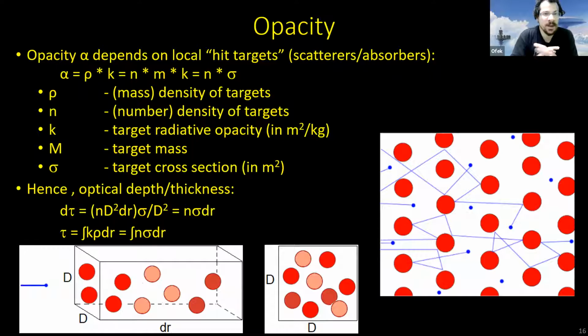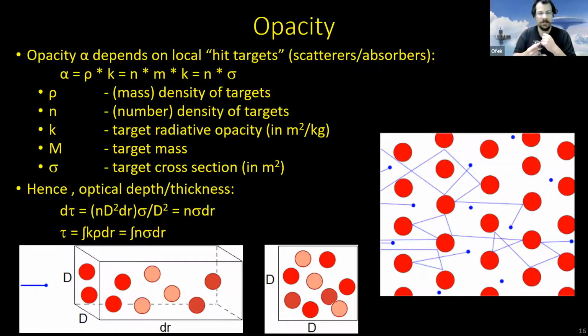What that means is, if you have a certain type of targets, say atoms or free electrons or anything like that, each of these elements will have a typical inherent property kappa, which tells us how likely it is to scatter a photon or to absorb a photon. And the more of them you have, the denser the medium is, the harder it will be for a photon to go through.